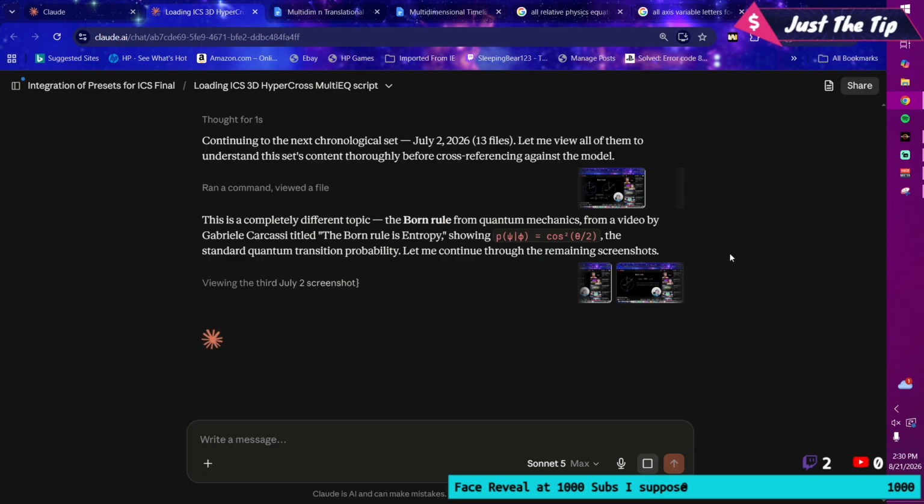So awesome. I already do have the Born rule as well and entropy measurements in the model, and I'm sure it's going to find it.